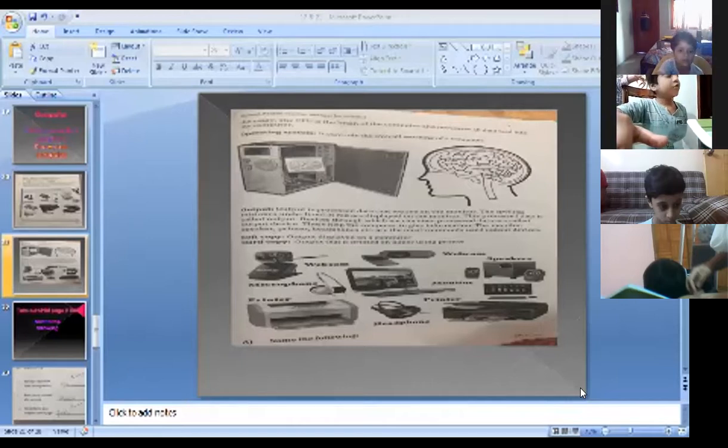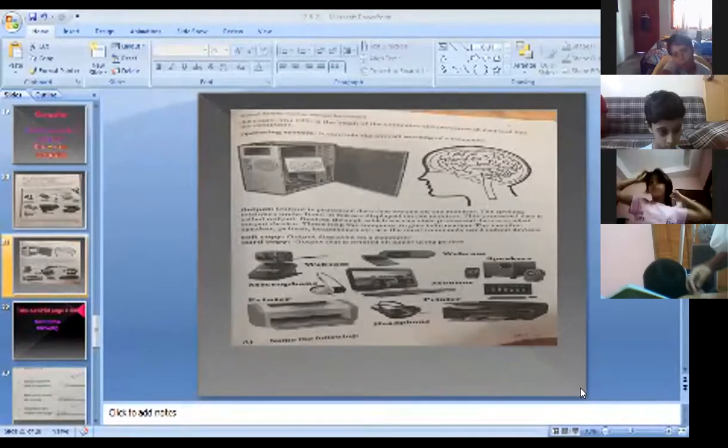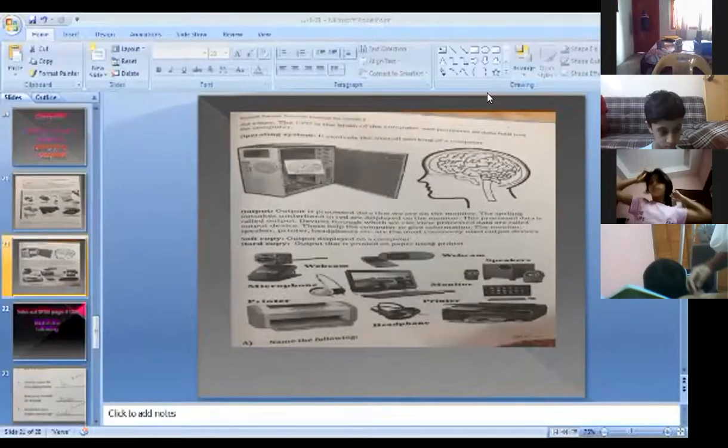Tell me the spelling of printer. Mamad Hadi, tell me the spelling of printer. Yes, Mamad Hadi. Spelling of printer. Can you hear me?